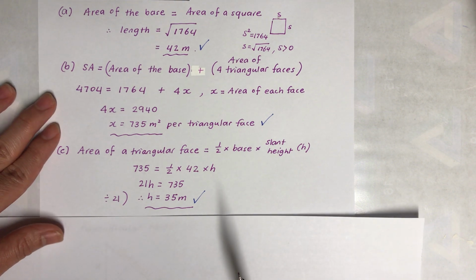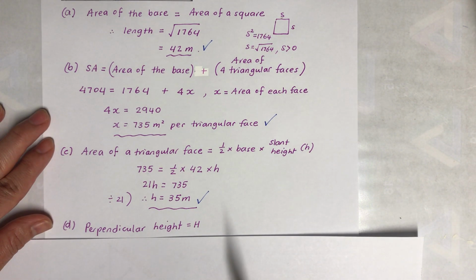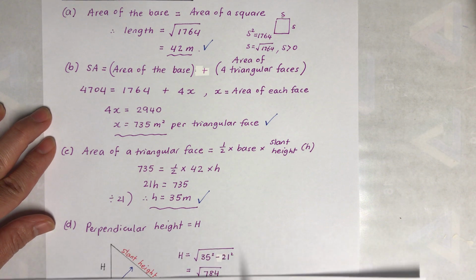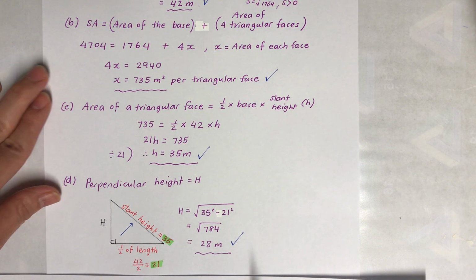And the last question is the perpendicular height of the pyramid that we have to find. Let's make that capital H so that it'll be different from the slant height, which was a little h. I'm just going to sketch the right angle triangle.